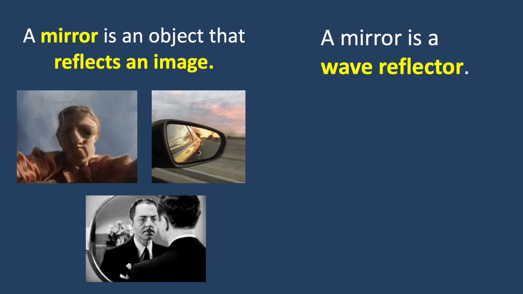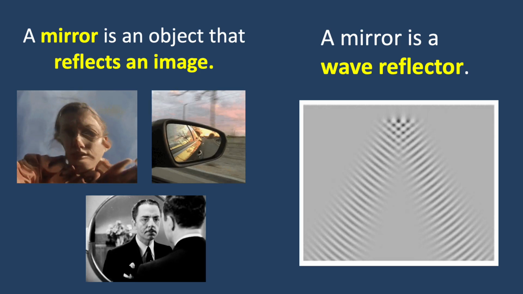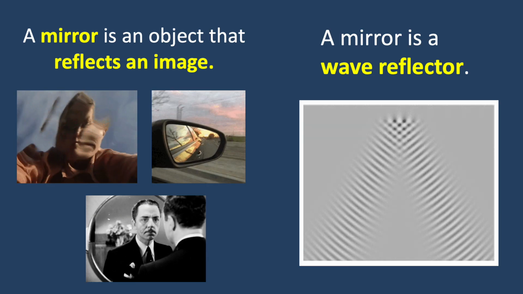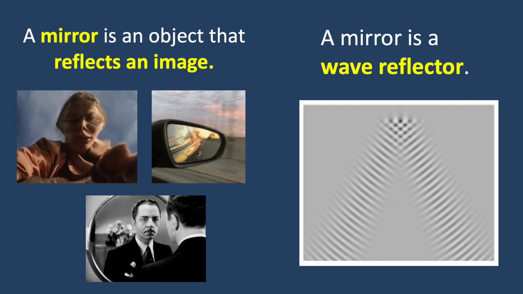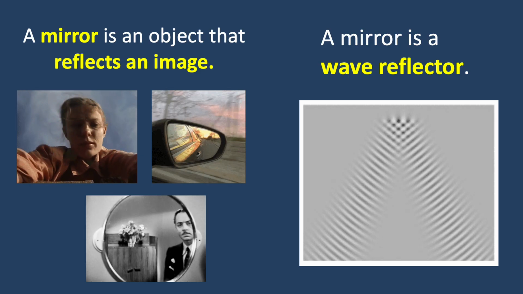Yes, a mirror is also considered as a wave reflector because it reflects waves, most commonly light, but also other forms of electromagnetic radiation like radio and infrared rays, through a process called specular reflection.